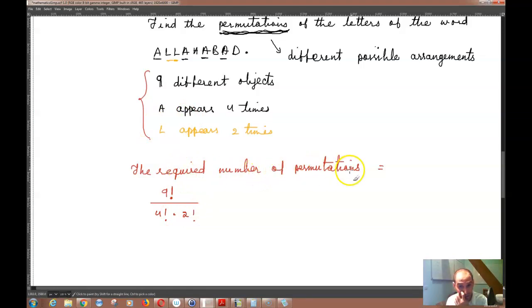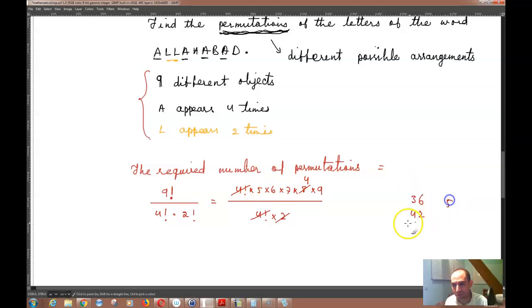So the required number of permutations would be 9 factorial over 4 factorial times 2 factorial, which is the same thing as 4 factorial times 5 times 6 times 7 times 8 times 9 divided by 4 factorial times 2. These you can cancel out, and that's the same thing as 36 times 42 times 5.